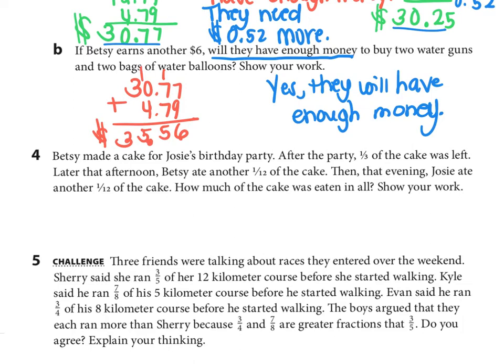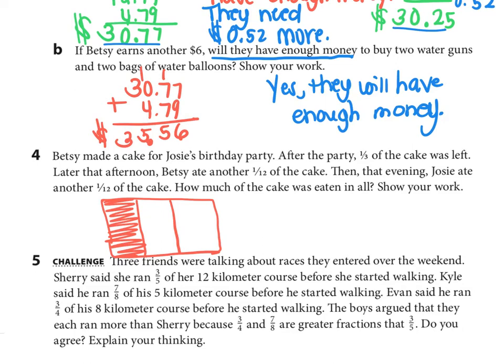Let's draw a mathematical model of this cake. So here's the cake for Josie's birthday party. It's a delicious looking cake. After the party, 1/3 of the cake was left. So here is how much of the cake was left. Later that afternoon, Betsy ate 1/12 of the cake.